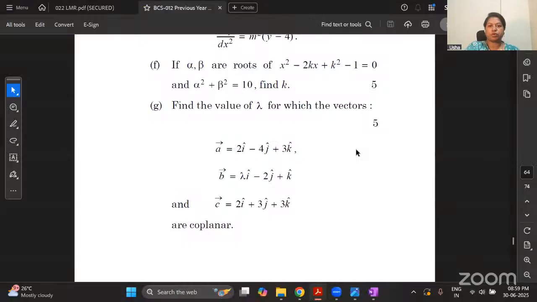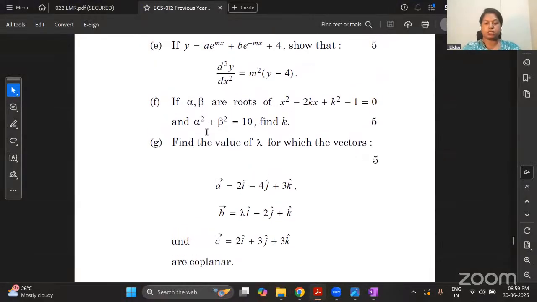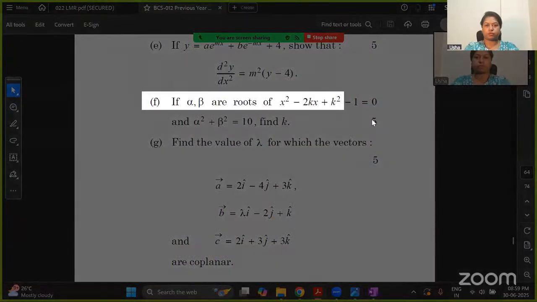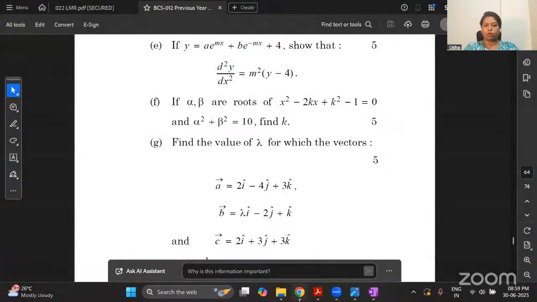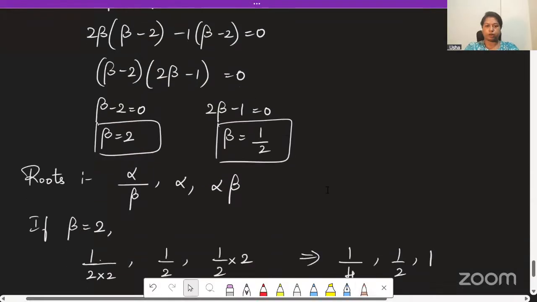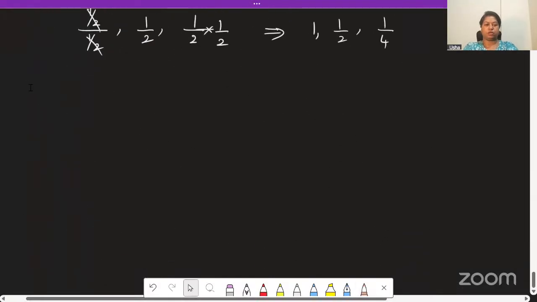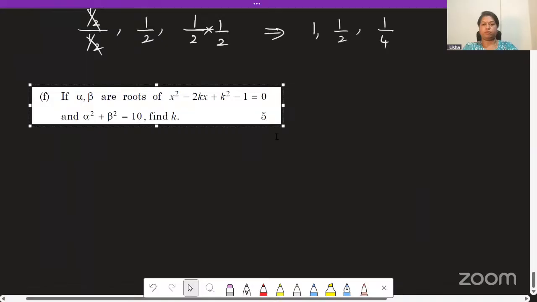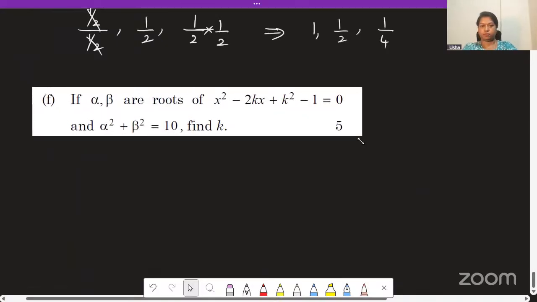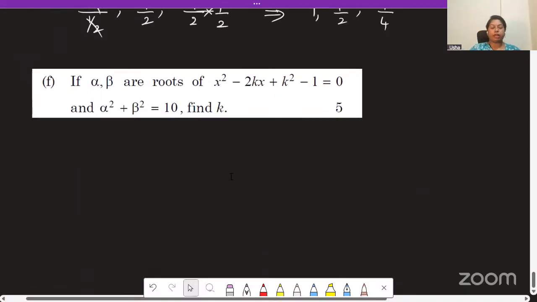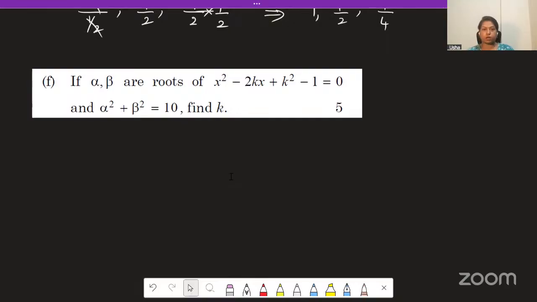One more question on equations. We'll solve this. Only in quadratic equations you get this kind of question. If alpha and beta are roots of x square minus 2kx plus k square minus 1 equals 0, and alpha square plus beta square is equal to 10, find k.